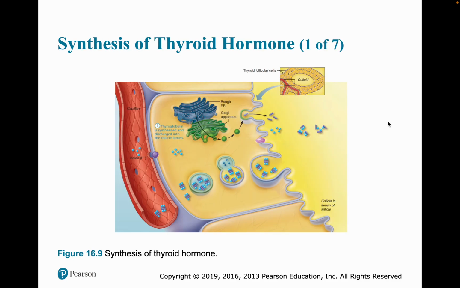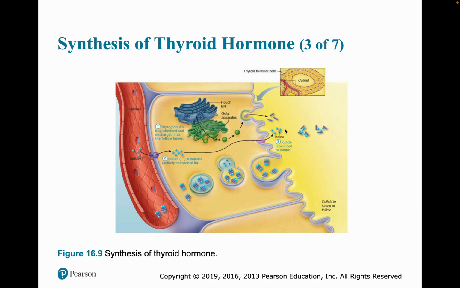So it starts in the cell. The cell produces thyroglobulin and sends it to the follicular cells, that's here. And then iodine is captured on the luminal side of the follicular cell, transcytosed into the follicle.